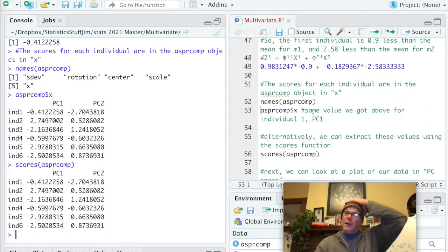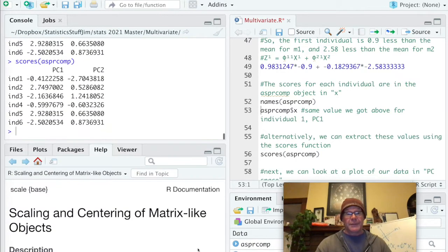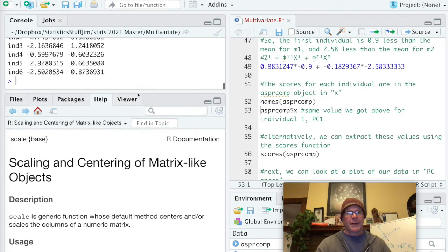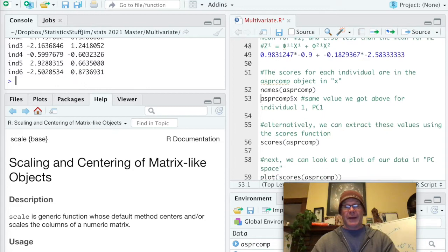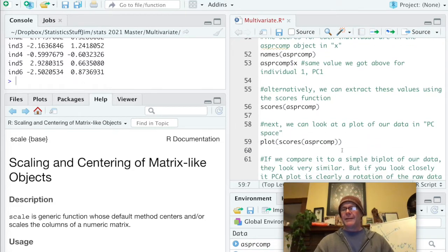Okay, so now we can look at a plot of our data. Now we have the scores, and we can see what that plot might look like. So I'm going to make this bigger so I don't get yelled at for not having a big enough plotting surface. And I am going to plot the scores of our PC object.